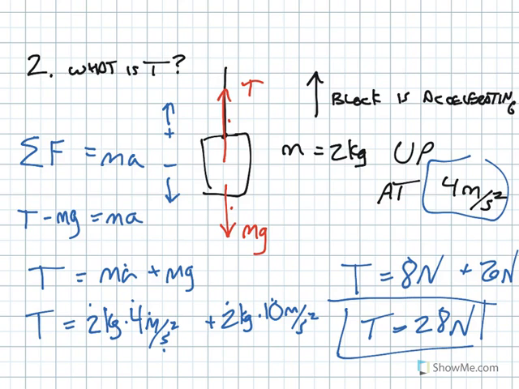28 newtons. So yeah, if it's accelerating up, there needs to be a net force in the upward direction. That means T has got to be larger than mg. Okay, let's try another variation of this problem.